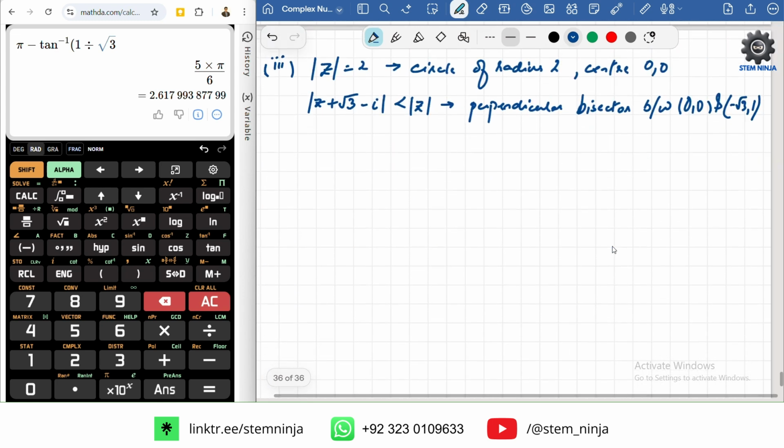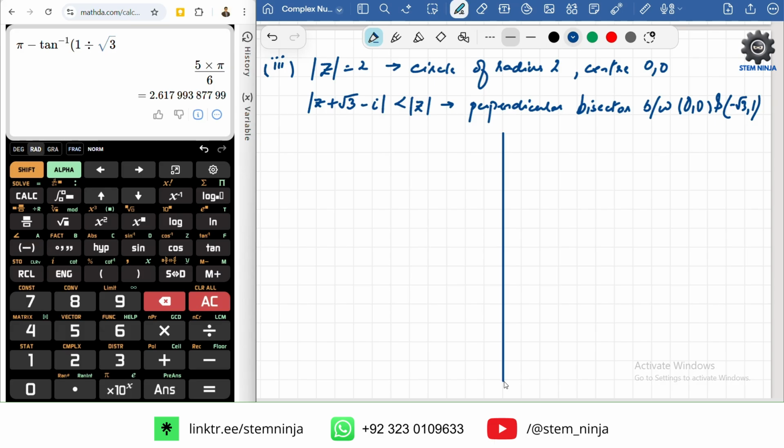Okay, so now let's draw that. The scaling part has to be very uniform. Okay, so 1, 2, 1, 2, 1, and 2. So this is a circle.